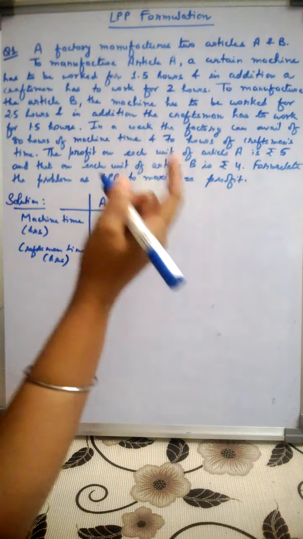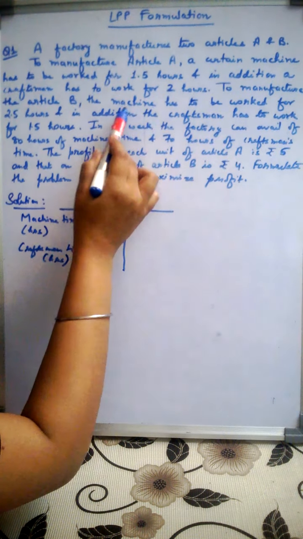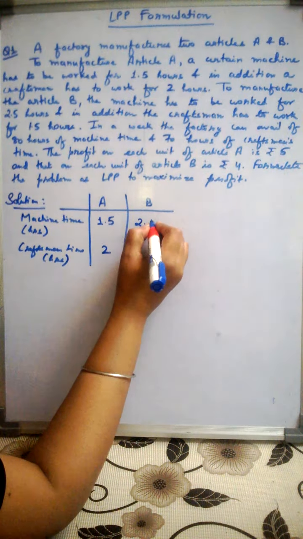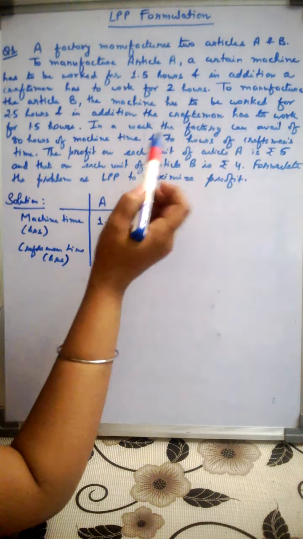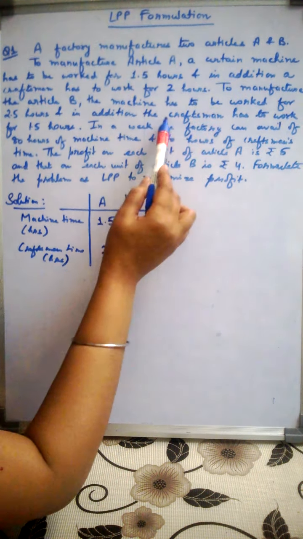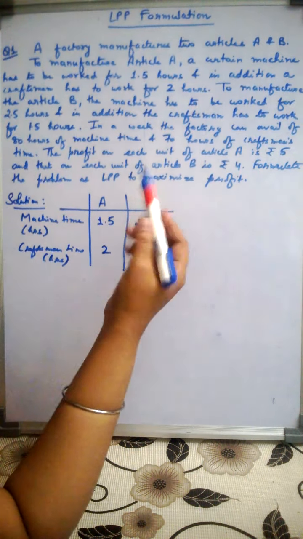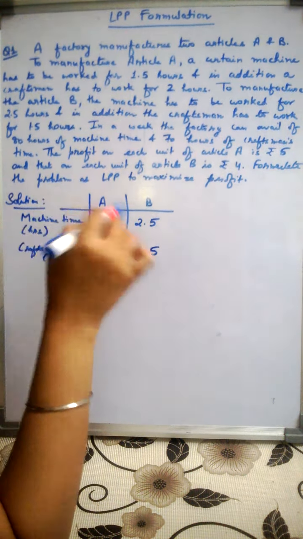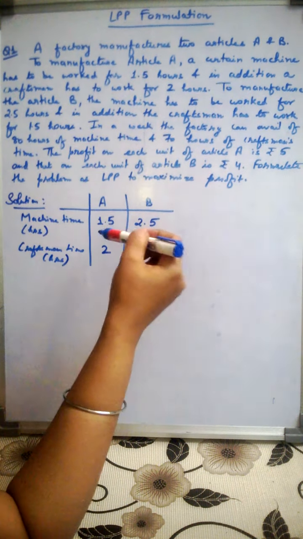Similarly, in order to manufacture article B, the machine has to be worked for 2.5 hours. So machine time is 2.5 hours, and in addition the craftsman has to work for 1.5 hours. So till here whatever parameters are given we have written here.